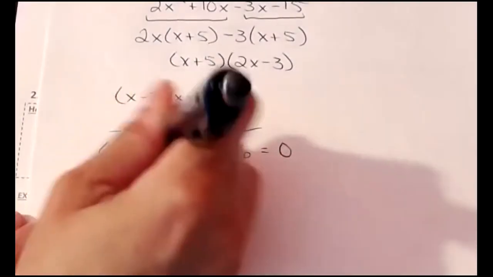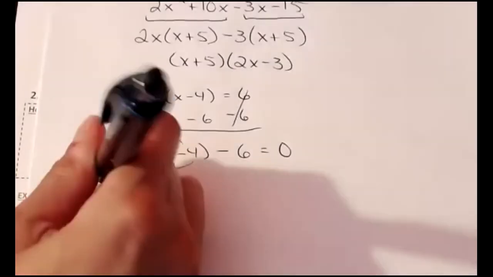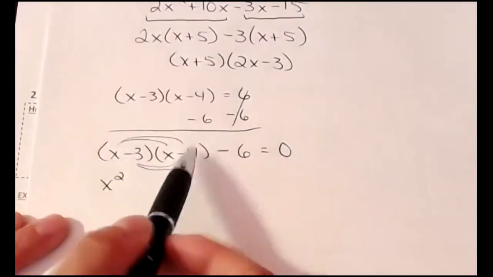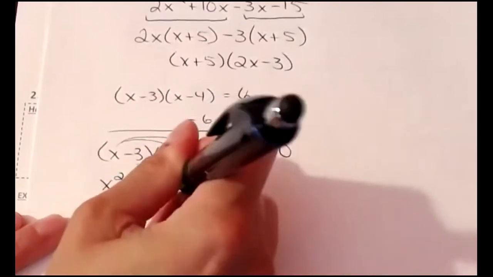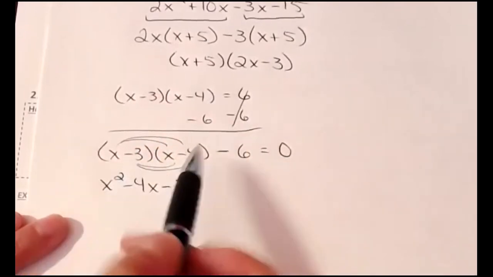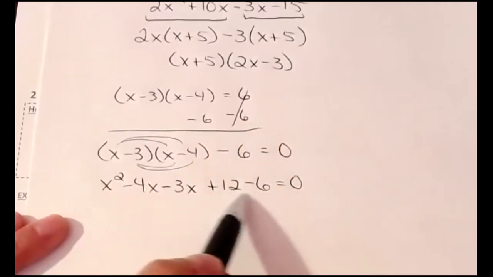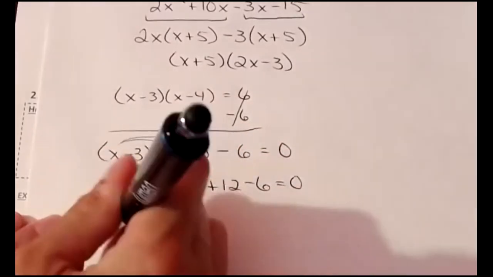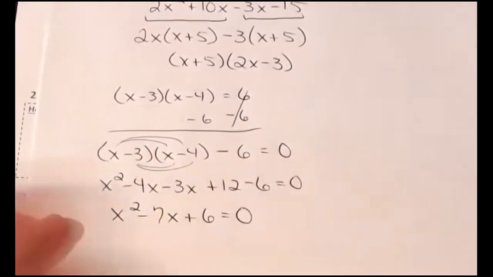All this tells you, everyone, is that you're just going to distribute to open it up. So as a quick showing of what you would do here, you would say, okay, that gives me x squared. I would get negative 4x, negative 3x, positive 12, minus 6, right? Then you would just combine. So we'd have x squared minus 7x plus 6 is equal to 0.